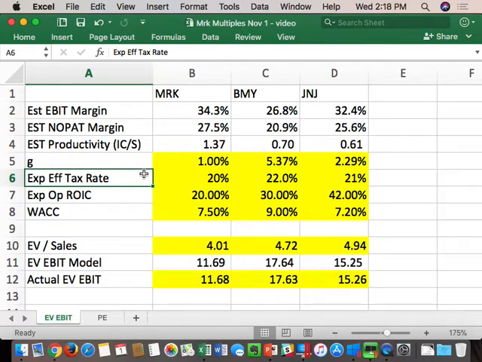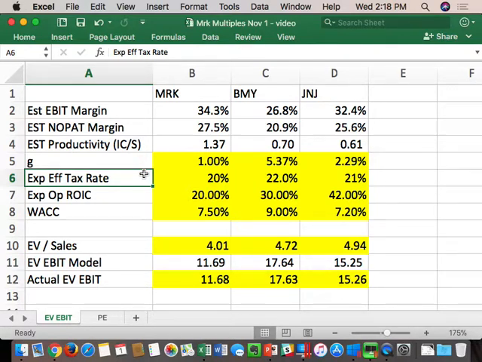Is 1.37 better or is 0.7 better? Well, what does 1.37 say if it's IC to sales? Basically, to sell a dollar, Merck needs to invest in invested capital $1.37. To sell the same dollar Bristol-Myers, they have to spend 70 cents. To sell the same dollar J&J, they spend 61 cents in new capital. What's better, higher or lower? Lower. Lower is more productive.